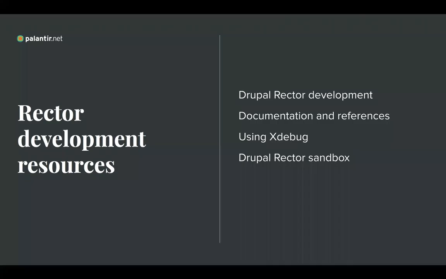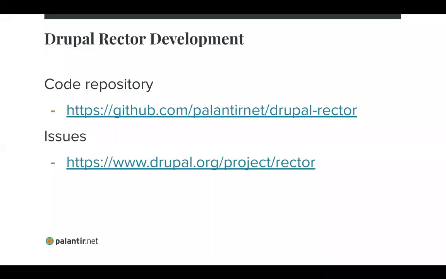All right. So that being said, what are the resources that you have in terms of developing these things? We'll walk through some of them. So how are we doing the development for Drupal Rector?